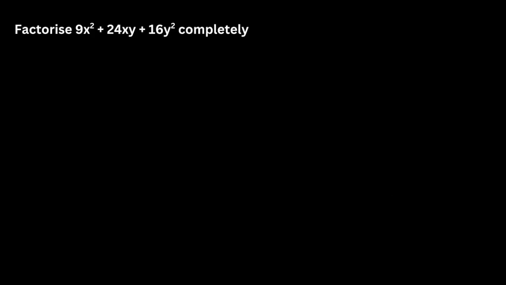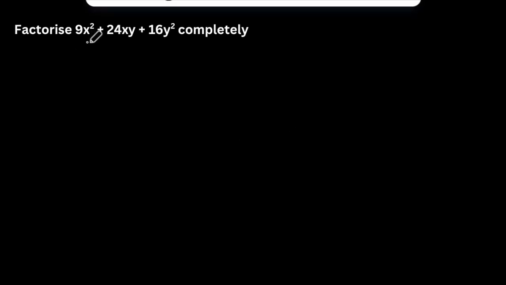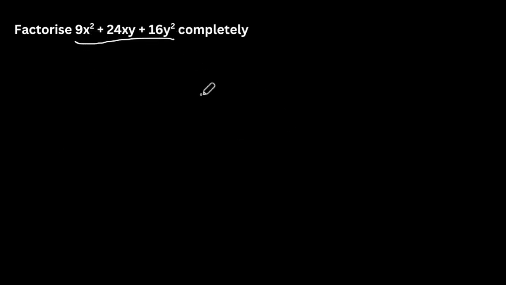Factorize 9x squared plus 24xy plus 16y squared completely. So we can use a couple of methods here, but I'll be showing you how to do this via factorization. So you have here 9x squared plus 24xy plus 16y squared.